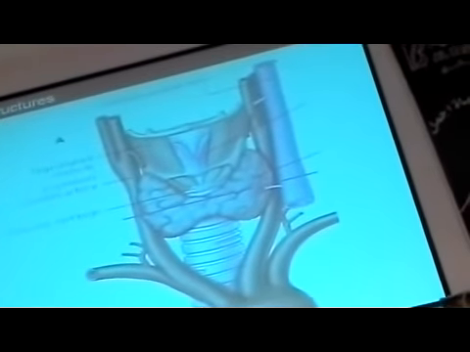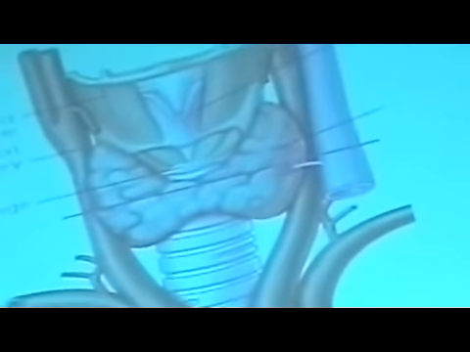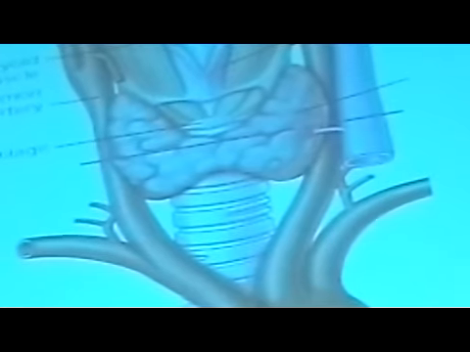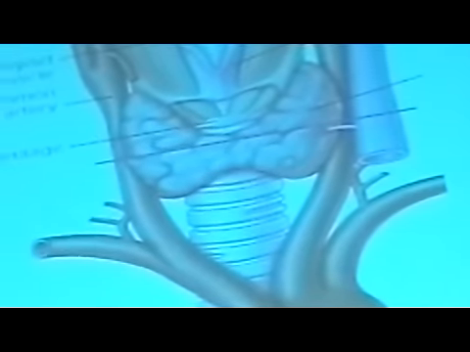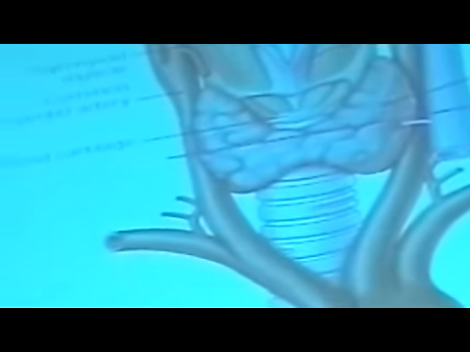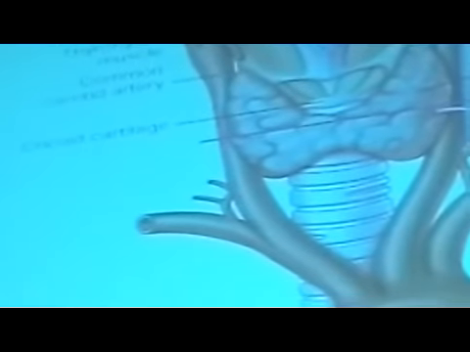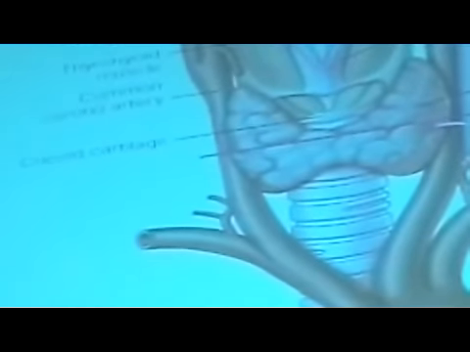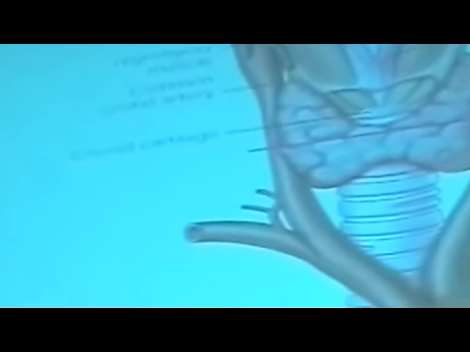This is the thyrocervical trunk, giving the suprascapular, transverse scapular, and inferior thyroid artery, arising from the subclavian artery, the first part of the subclavian artery. The inferior thyroid artery is related to the recurrent laryngeal nerve.